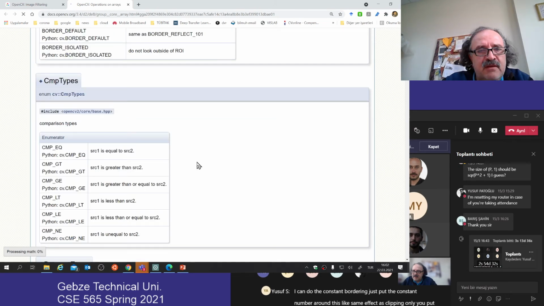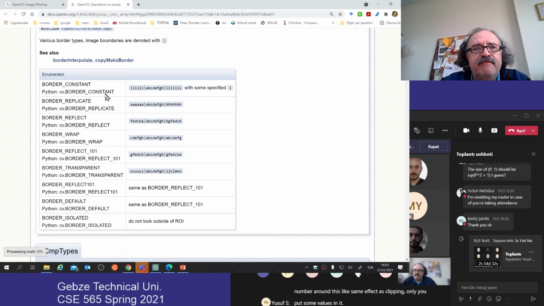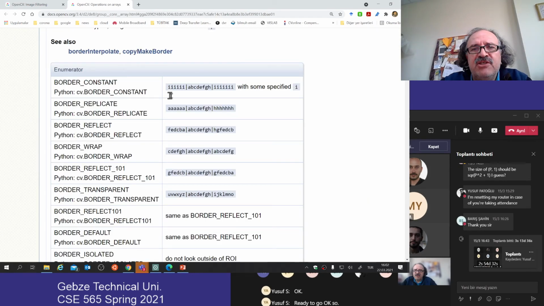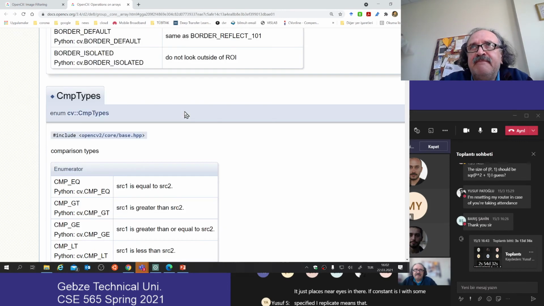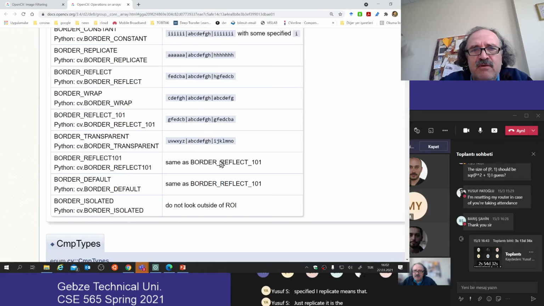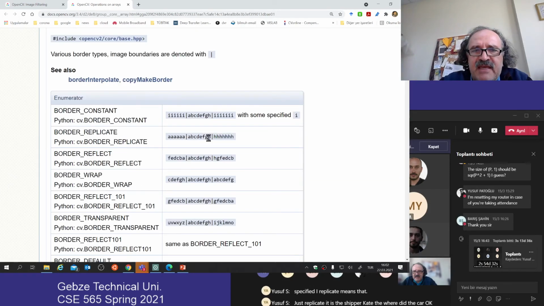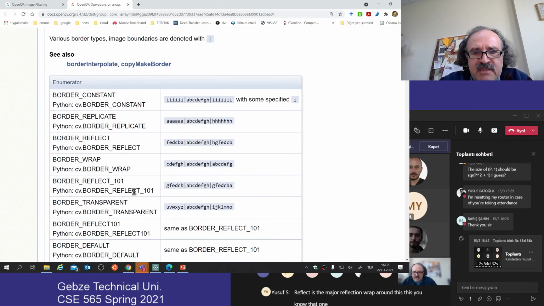Replicate means replicating the first column and the last. Reflect is the mirror reflection. Wrap around is this, you know that one. This reflect doesn't use the edge pixel, and this one does.